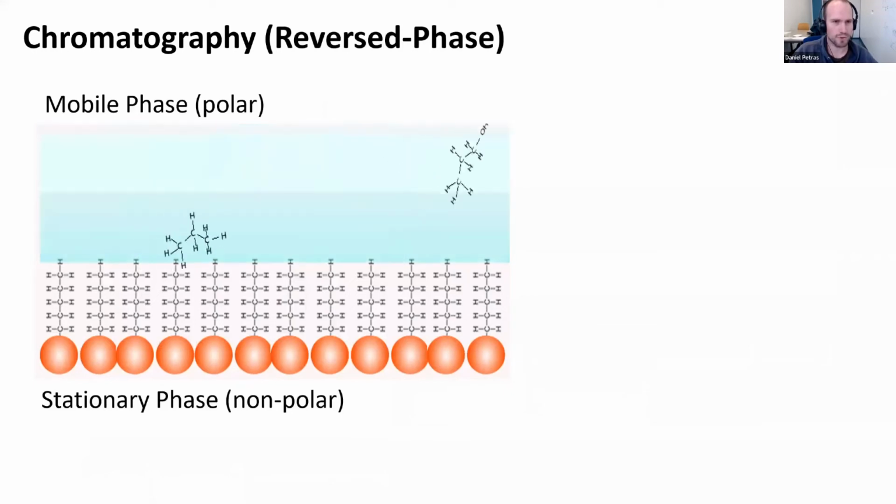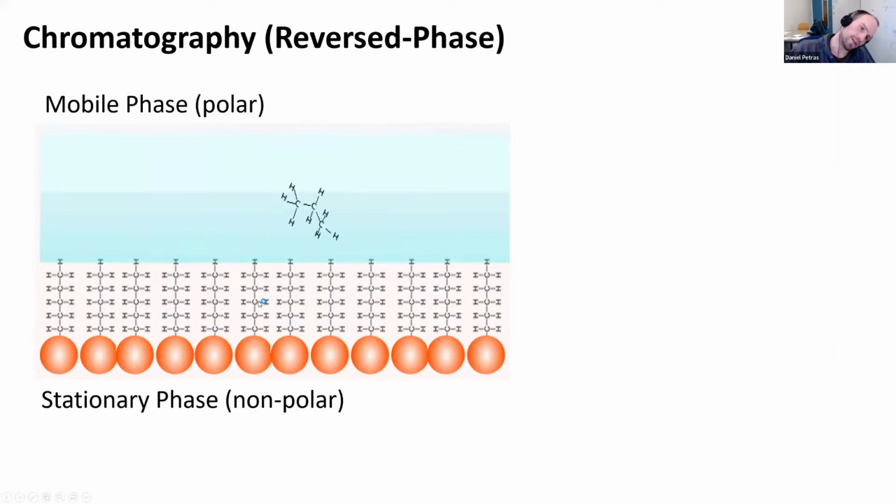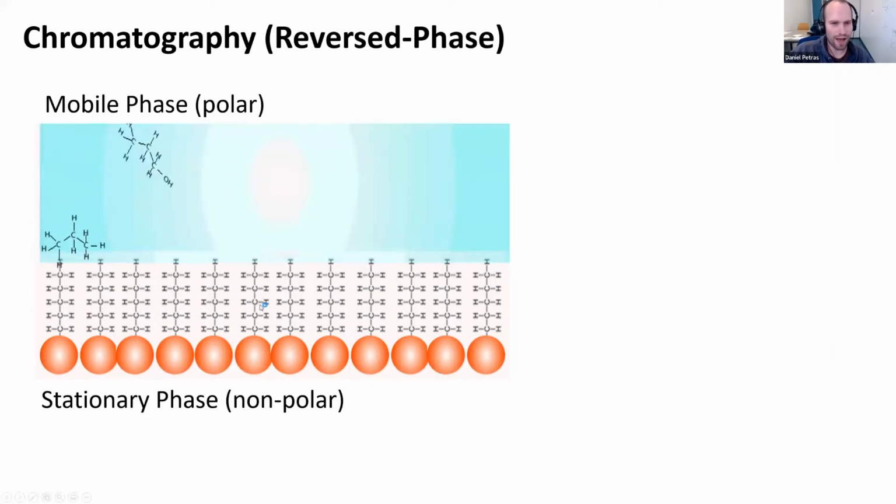That being said, here we have an example of a reversed phase chromatography separation, and you can see here on the bottom, in our case, it's only a C5 chain.